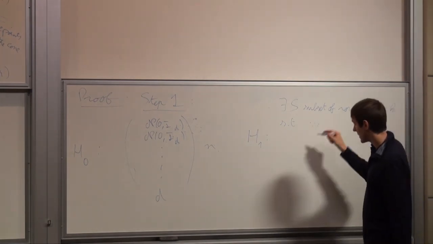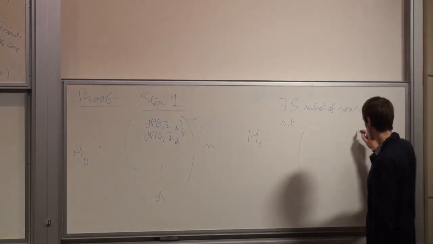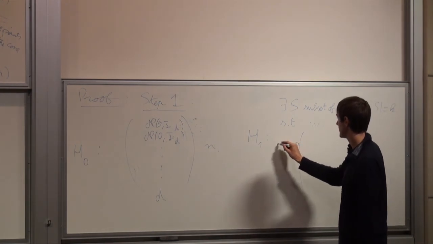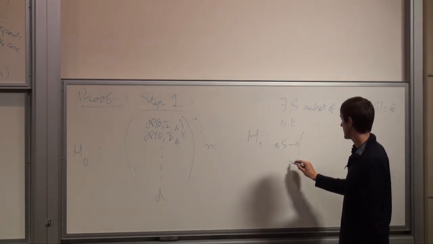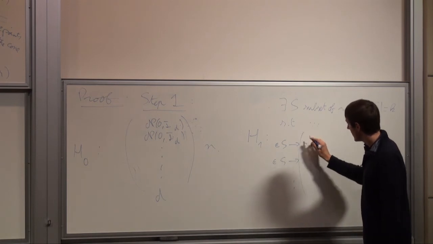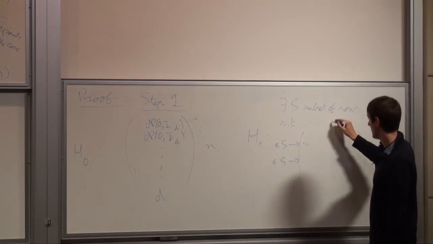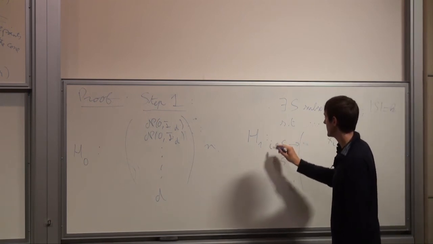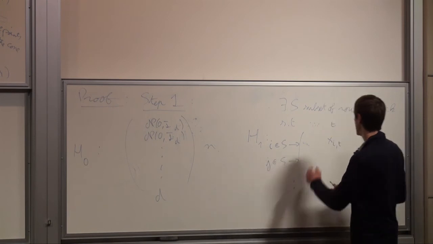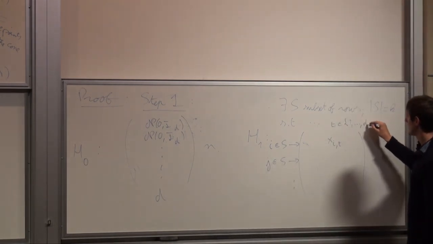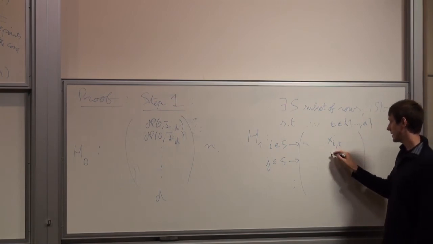So I have the same thing, except now that I have these elements in S. So this is an element in S, this one is an element in S, etc. So here I have, in general, X_{i,t}. I is an index, j is an index, t is something between 1 and d. So I have X_{i,t} and X_{j,t}.